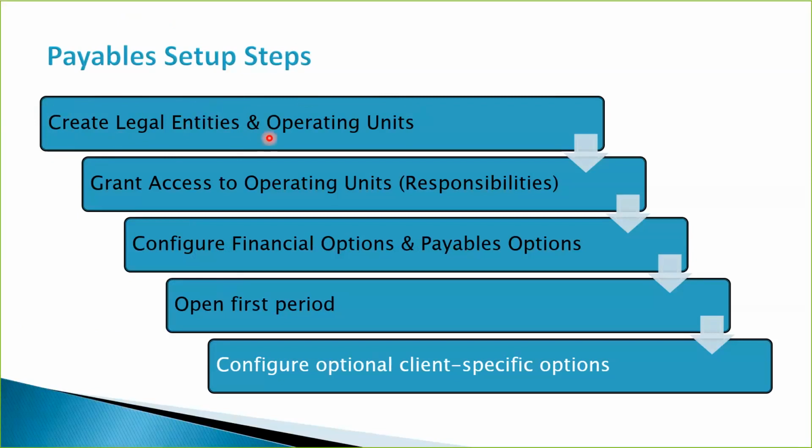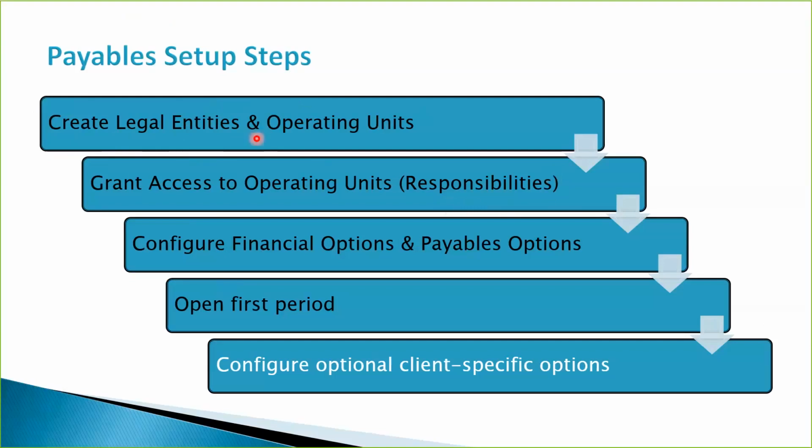After creating our legal entities and operating units, we need to grant access to the operating units, which we do through responsibilities and profile options, which we are going to discuss. And then we grant those responsibilities to the user who can then access the operating units.